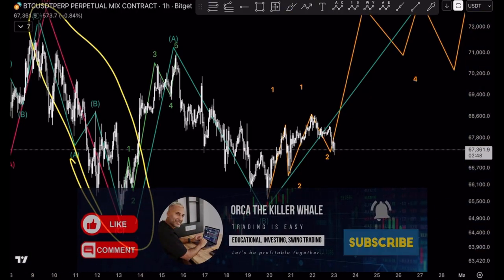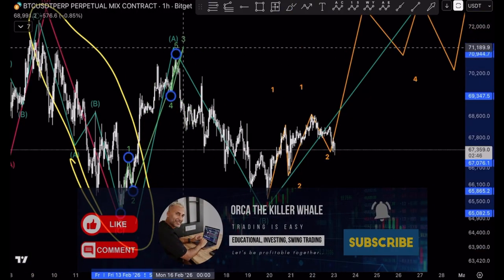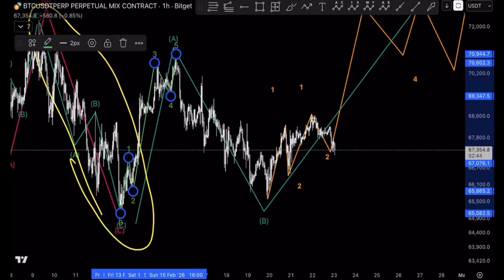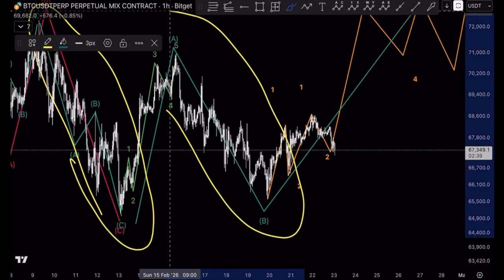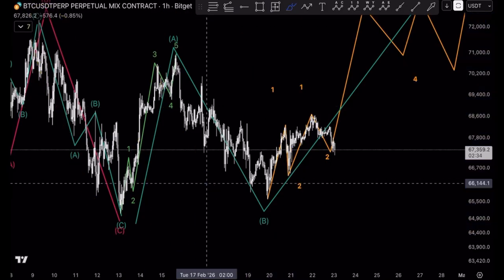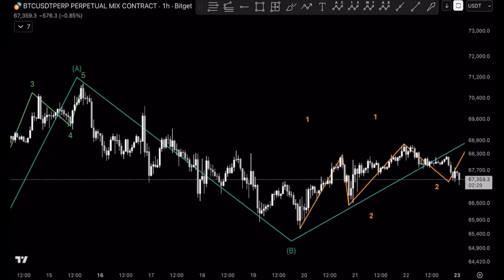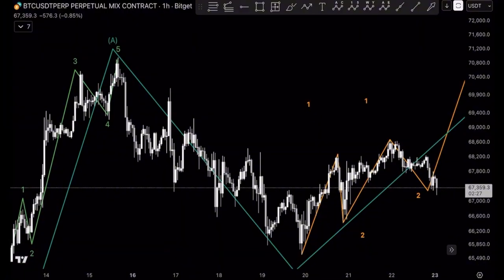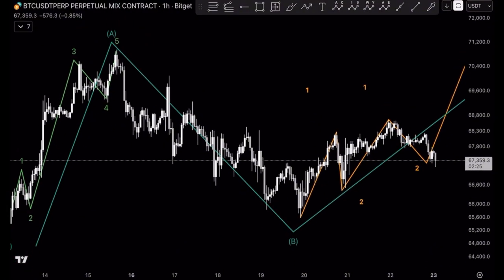This is also going to be an ABC at this part here. So this is also going to be an ABC. So let's get into it. Now, what do I see here?